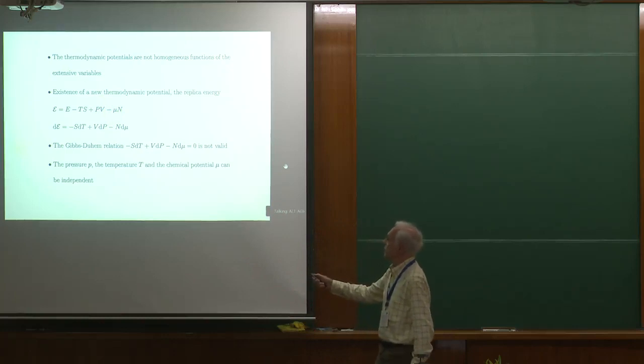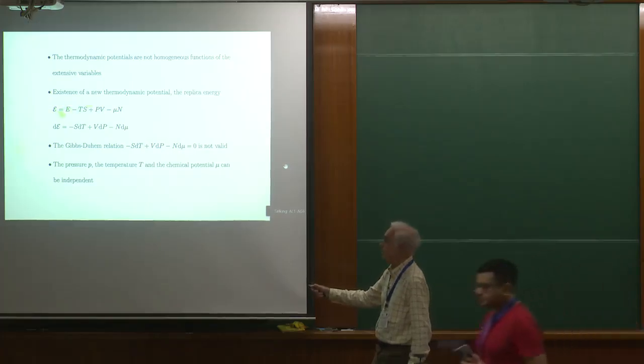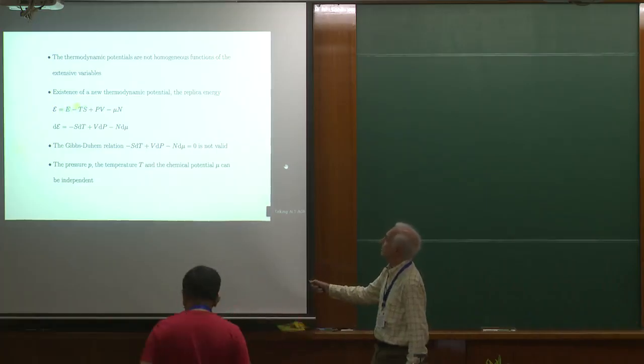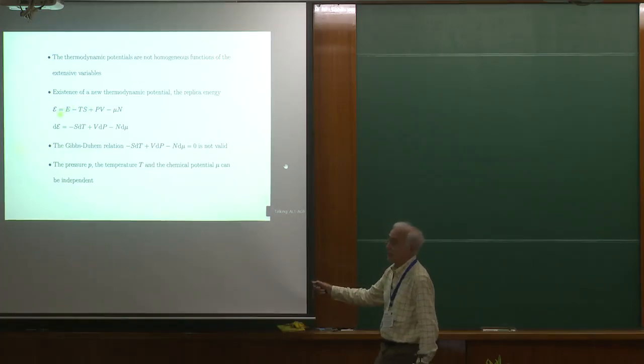And what I put in evidence is that for a short-range system, which is additive, this is identically zero, since the first three terms together are the Gibbs free energy, and the Gibbs free energy for additive systems is equal to mu N, so this is zero.